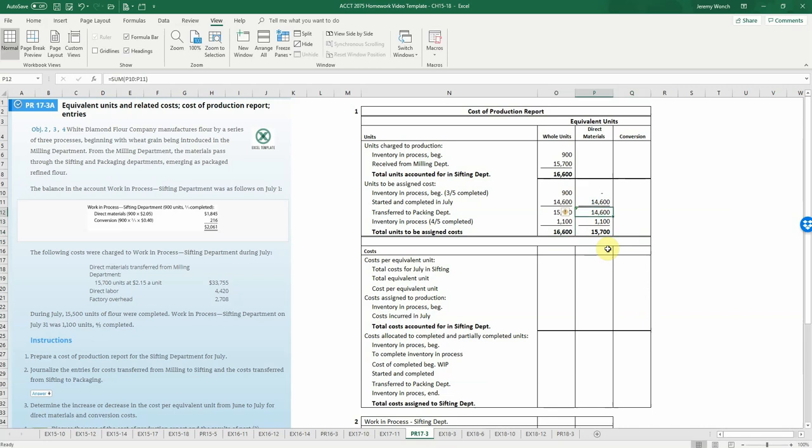So for the conversion cost, the conversion cost in inventory of 900 was already 3/5 completed. That means we need to assign cost to 2/5 of that. Started and completed, we're going to take the full amount because they were actually done during the month.